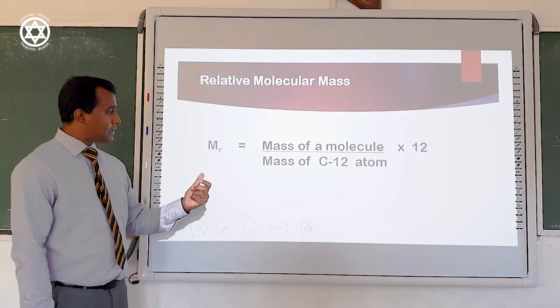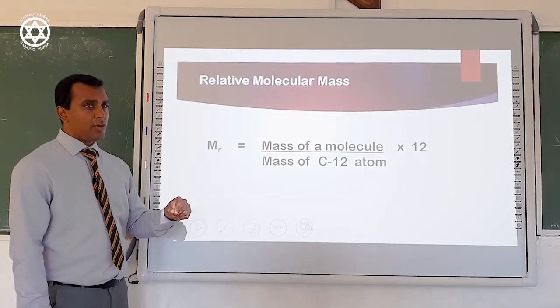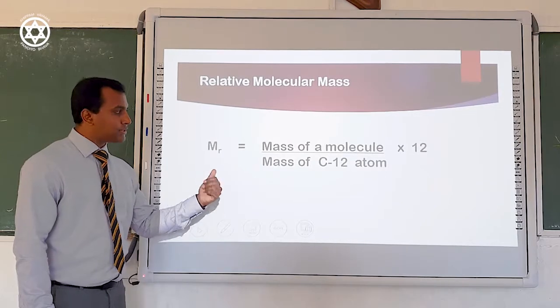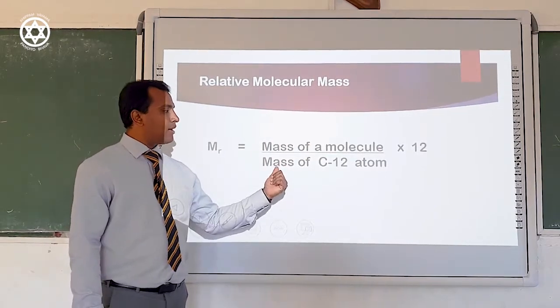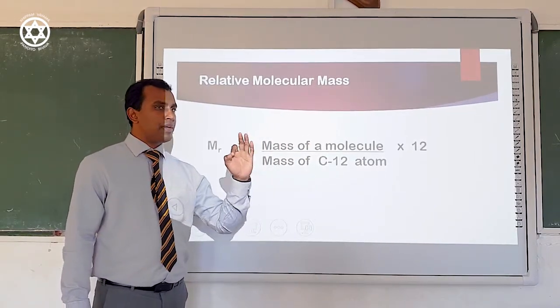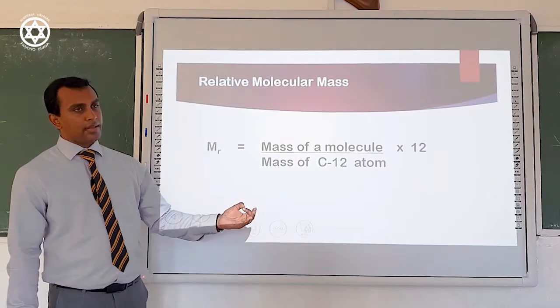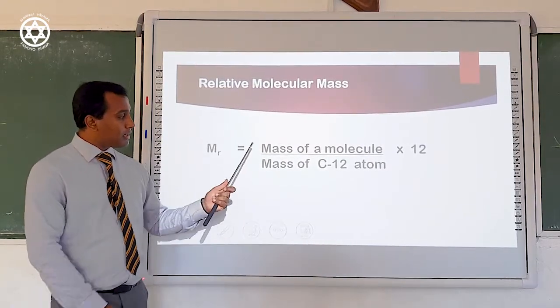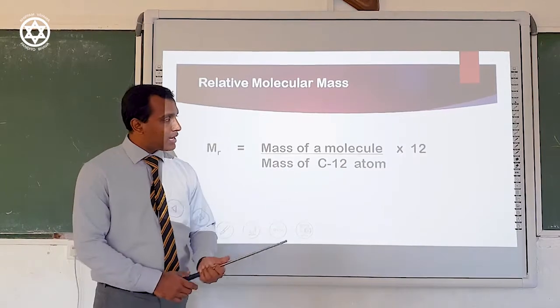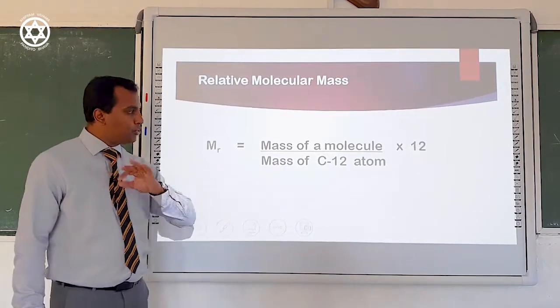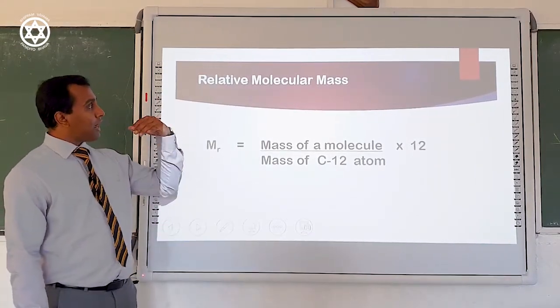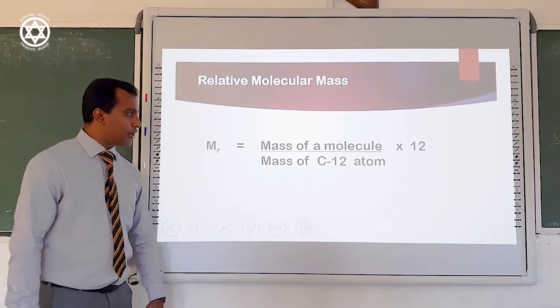Relative atomic mass was expressed as Ar. Here, relative molecular mass is the mass of a molecule divided by the same denominator, which must not change, whether it is atomic mass or molecular mass. The mass of a C12 atom × 12 is used in the same manner to calculate relative atomic mass as well as relative molecular mass.